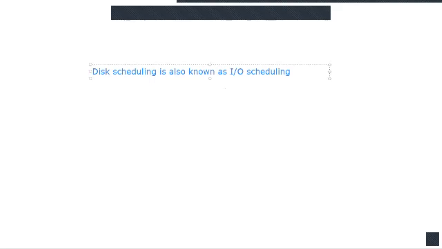And why is disk scheduling important? It is important because multiple IO requests may arrive from different processes, and only one IO request can be served at a time by the disk controller.